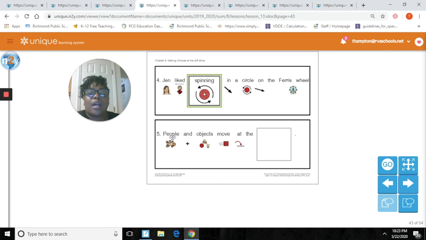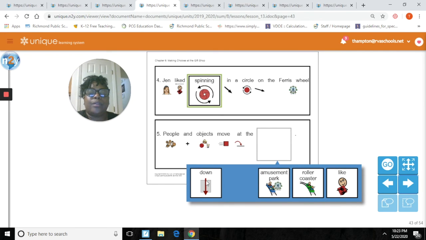Okay. All right. Number 5 says people and objects move at the blank. Down, amusement park, roller coaster, like. Make a choice.